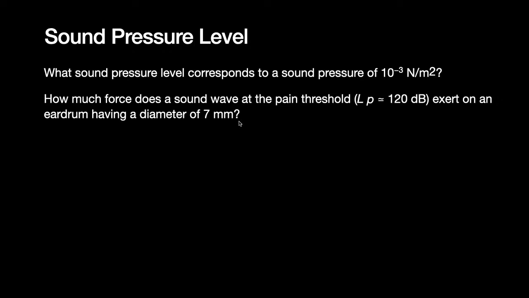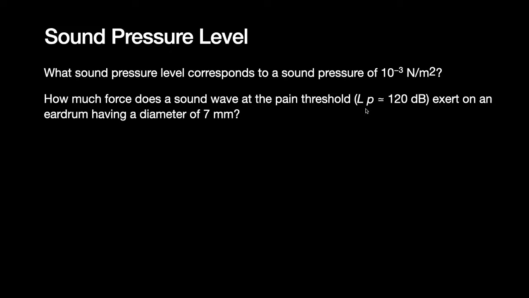So how do you do this? Yes, Clinton, 34. How do you do this kind of calculation? So you can see that LP is known to you. You can put in the decibel formula 20 log P by P0.